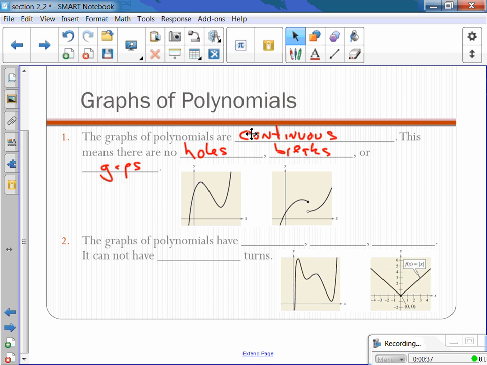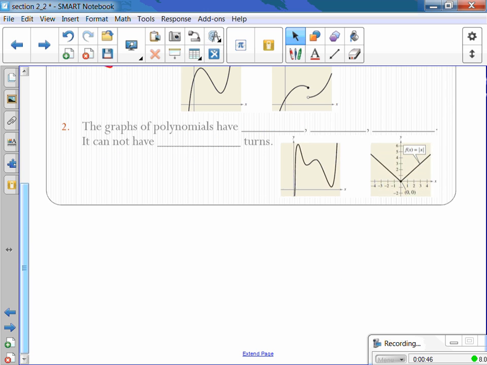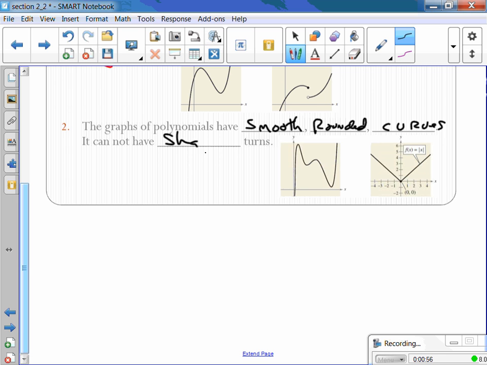As long as we don't take that pencil off the paper, we have ourselves a continuous function. And how do we draw those functions? With smooth, curved drawings. Absolutely. As Chris said, no sharp turns.